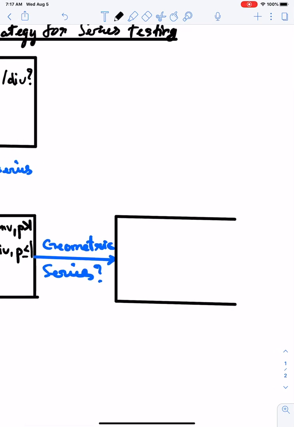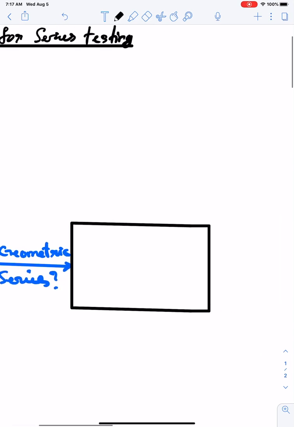A geometric series is going to be a bunch of terms: a plus a r plus a r squared plus a r cubed and so on. So we're gonna use sigma notation for that, starting from 1 to infinity, of a times r to the n minus 1, where r is the common ratio.